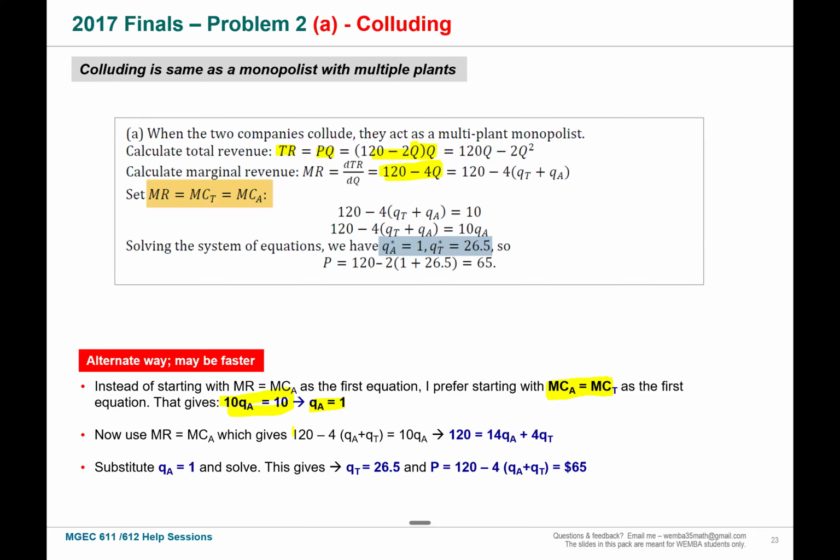So this is MR equals MCA. You already got QA as 1, so you can get QT. QT is 26.5. So under collusion, Actavis will make 1 unit, Teva will make 26.5, and from the demand equation the price is 65.